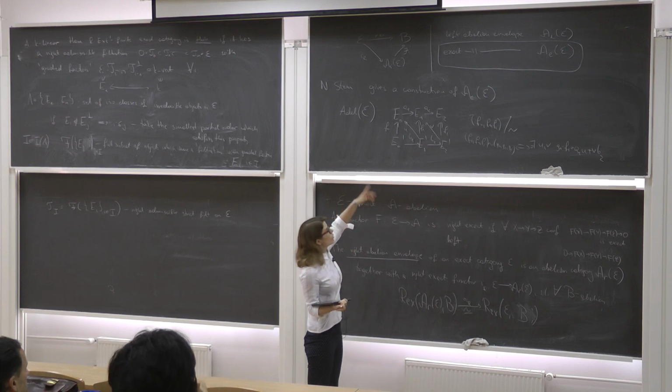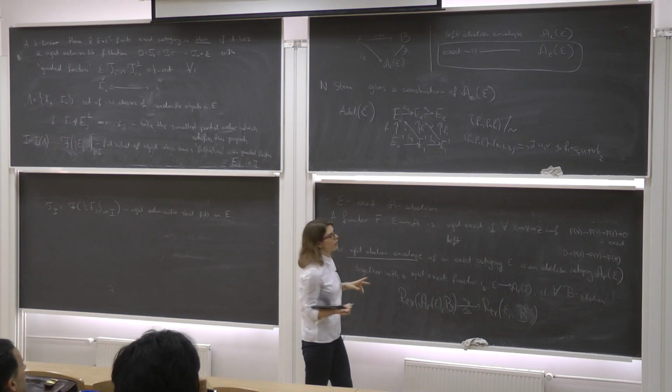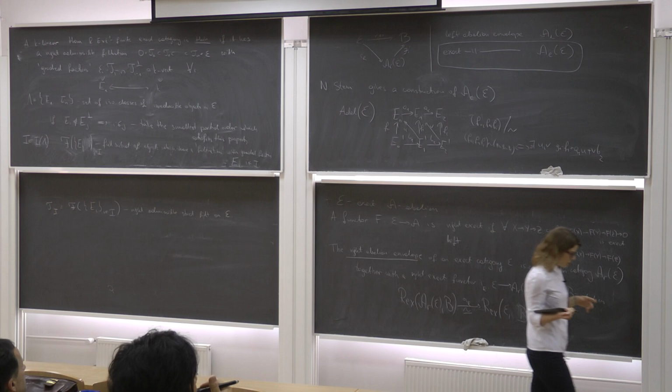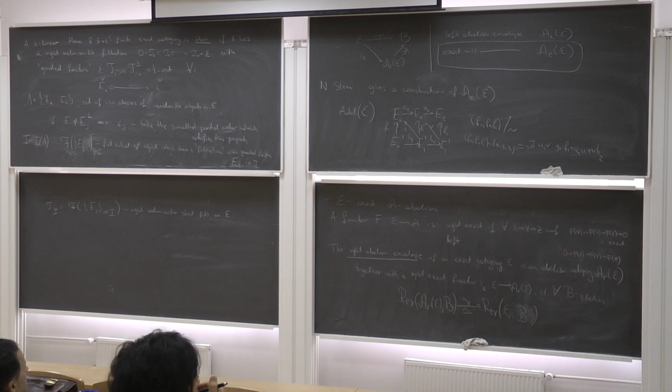So unfortunately, we don't have a general construction of a right and left abelian envelope, but there is a statement in the Kashiwara-Shapira book which helps us to construct some examples.